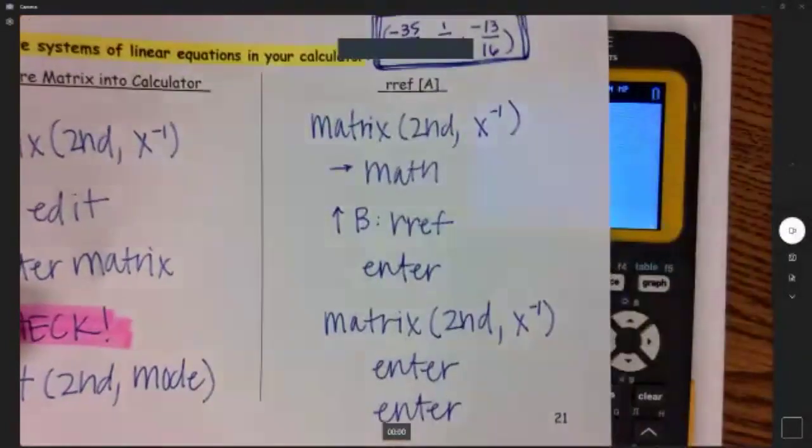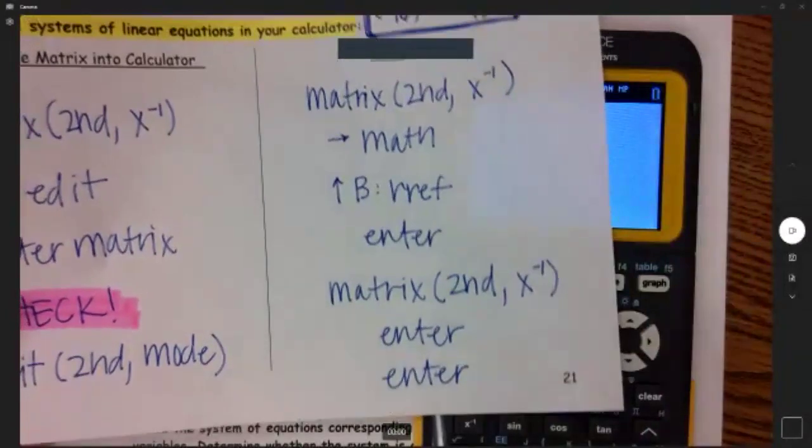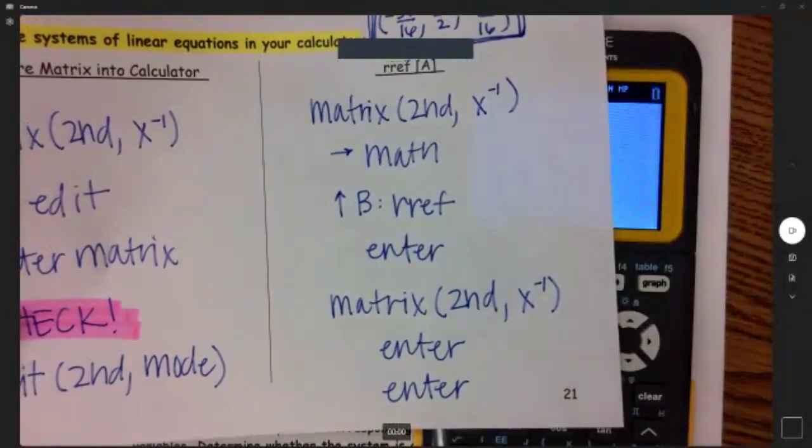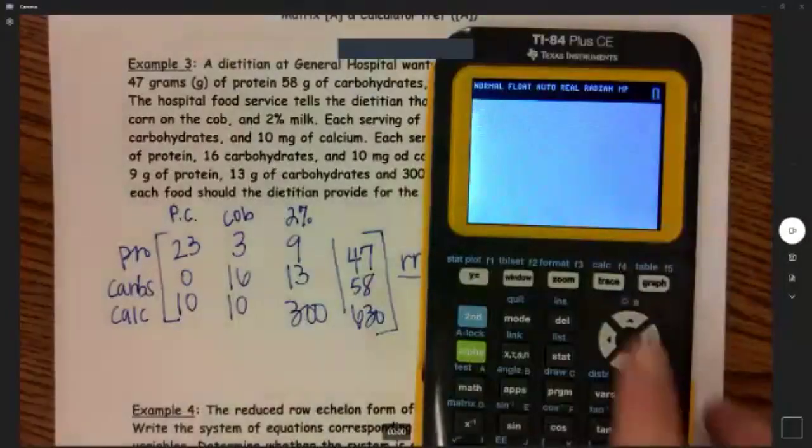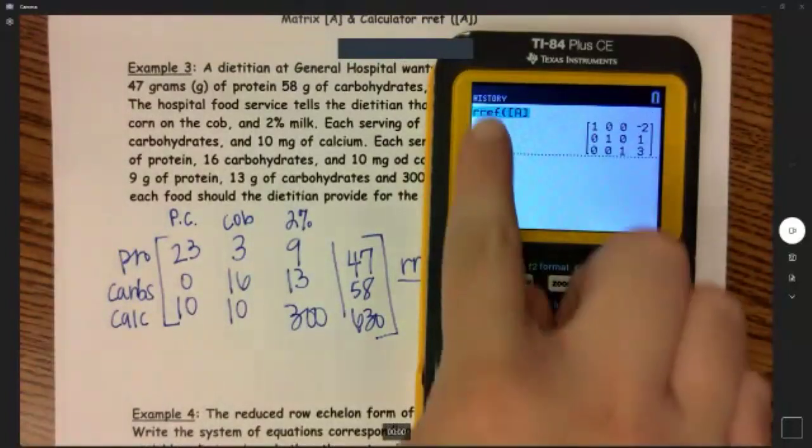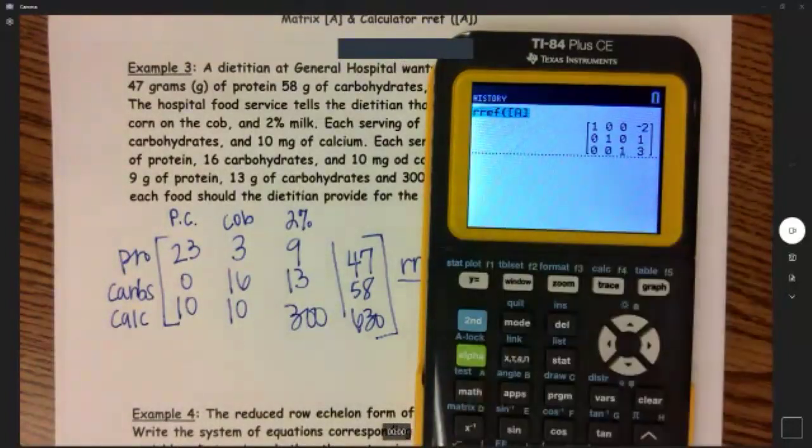instead of doing these commands here, which you can do every single time, it's really not that bad once you do it a couple times. If you want to, you can arrow back up and get your latest rref. Because you have reprogrammed what matrix A is, it will give you a different answer.